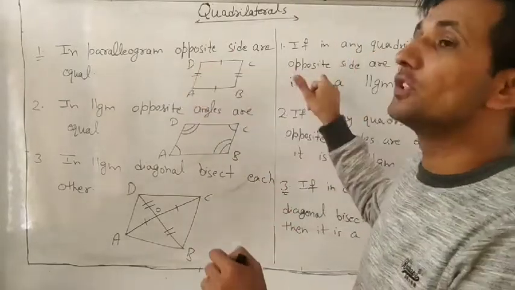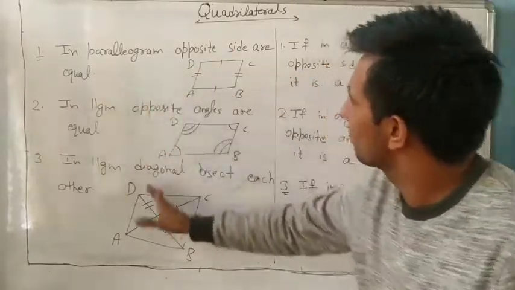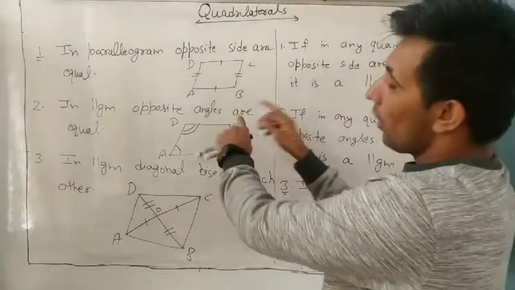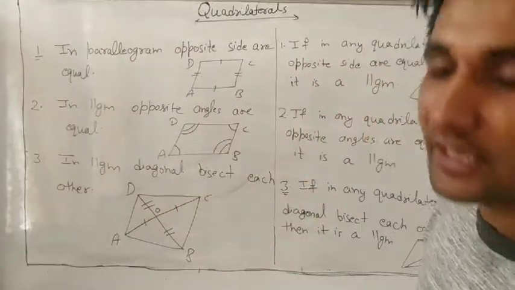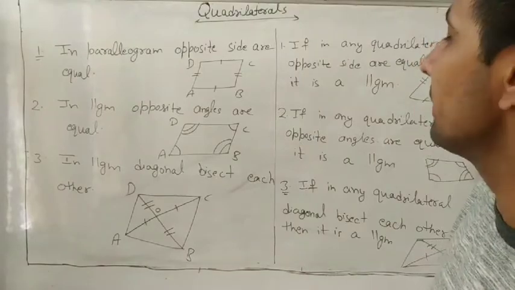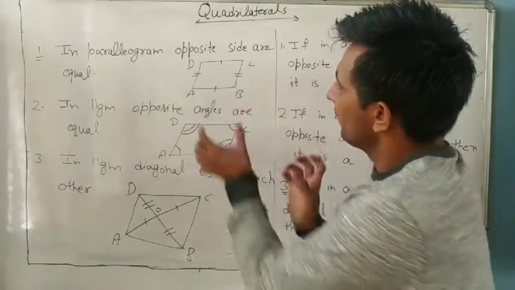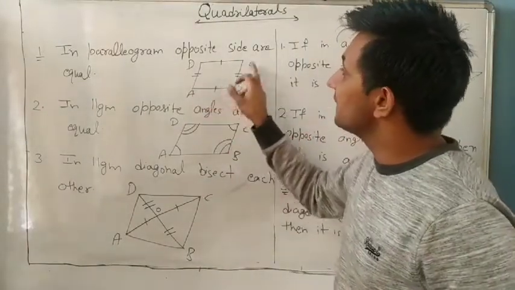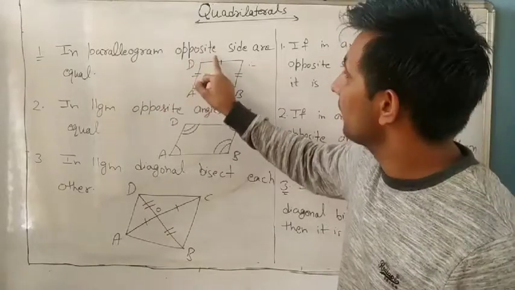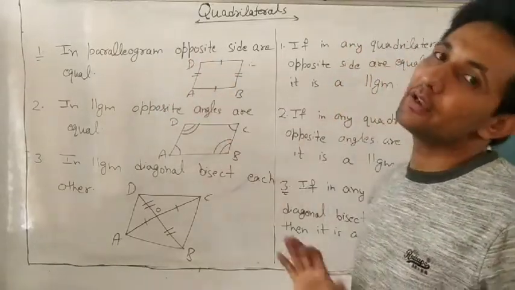And the converse of this: all these three properties have their converse. Conversely means opposite. If suppose ABCD is a parallelogram, always remember opposite sides are equal.